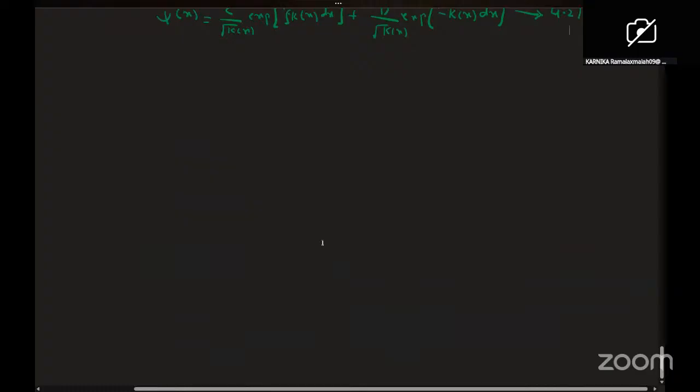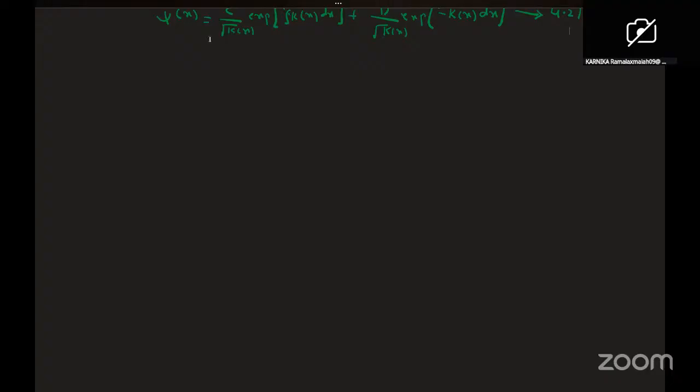This is the first term here. The first term is exponentially increasing as x grows, whereas the other one is exponentially decreasing as x grows.